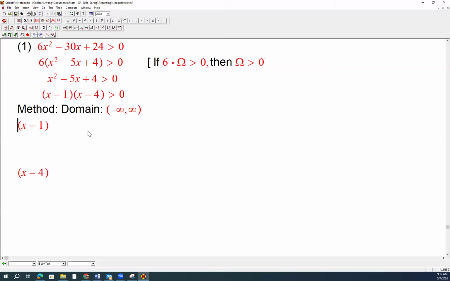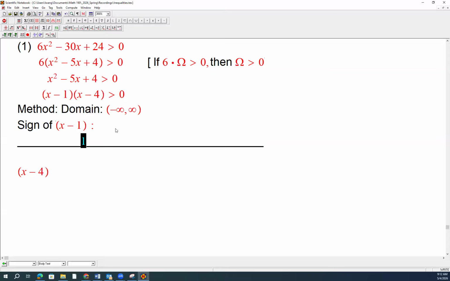So we're going to see the sign of the first factor on the entire number line. I got my number line, right? And where does x minus 1 change sign? Well, x minus 1 is 0 when x equals 1.